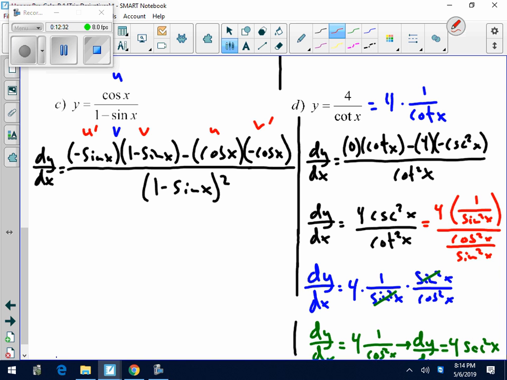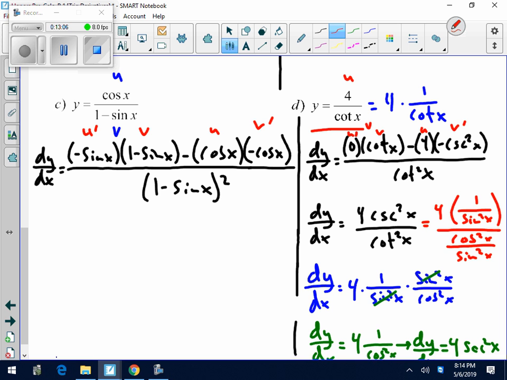Now right here with d, we've got a little bit of two ways that we can look at it. So first what I said was let's look at it head on and attack it like a quotient rule. And right here, if we do that, we get the derivative of our u of 4 as 0, and right here times our v of cotan minus our u, so that's u prime, and then right here, here's our v, and then minus our u of 4 times our v prime of negative cosecant squared, and that's over cotan squared x.